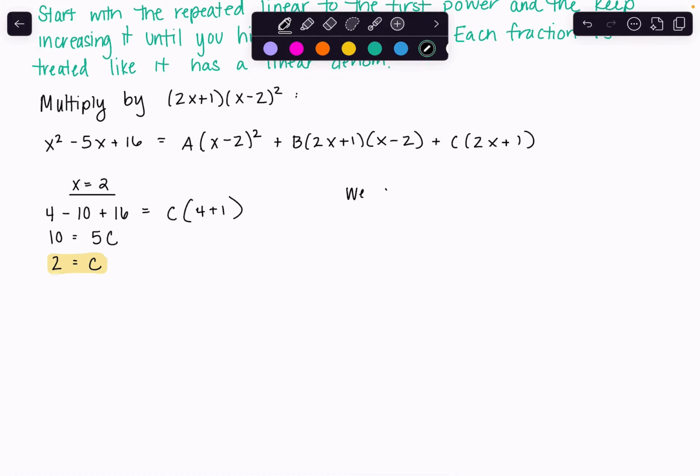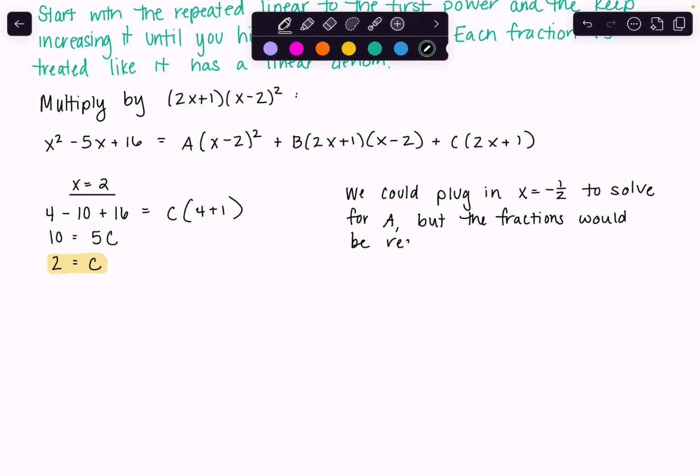We could plug in -1/2 to solve for a, but the fractions would be really messy. So instead, let's pick better, or easier, values to work with.